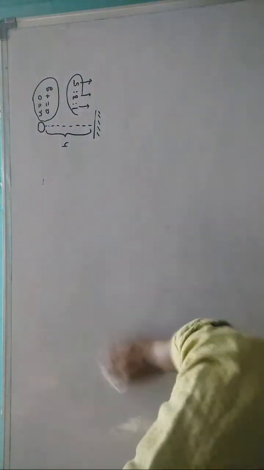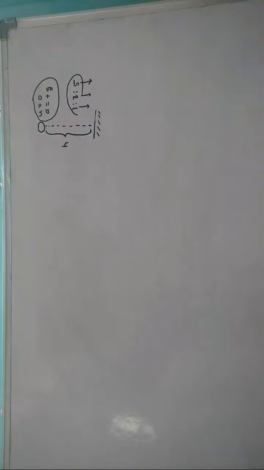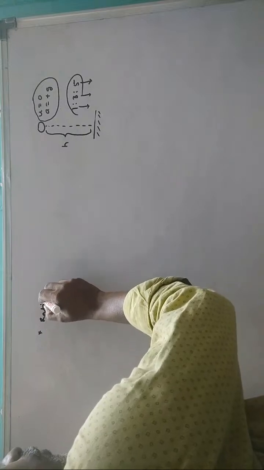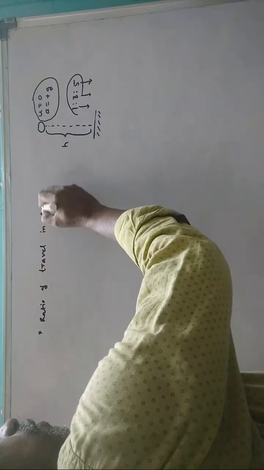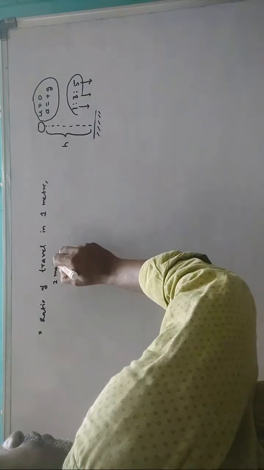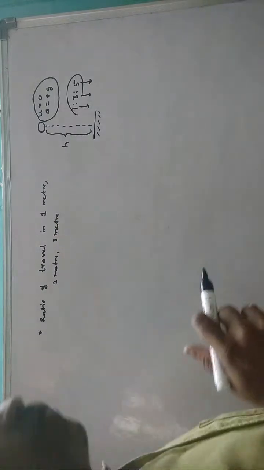Then one more case: the ratio of travel in the first 1 meter, first 2 meters, 3 meters.